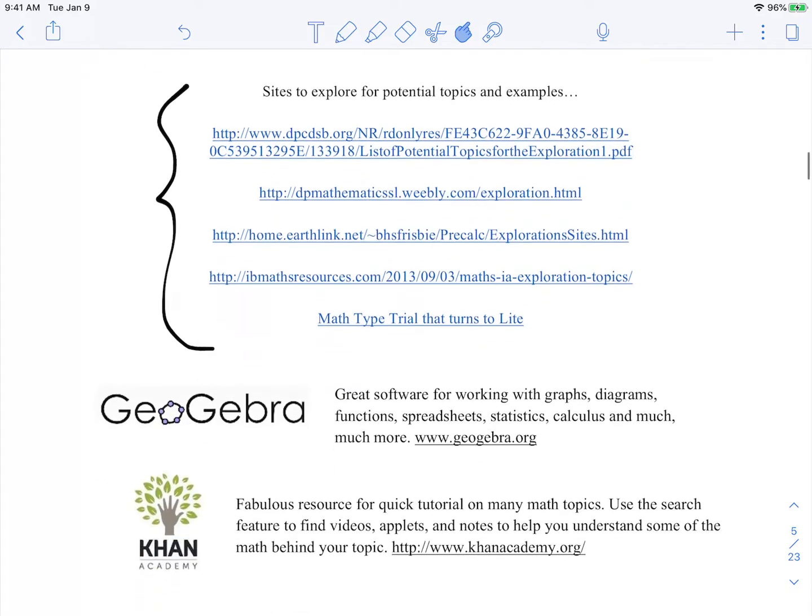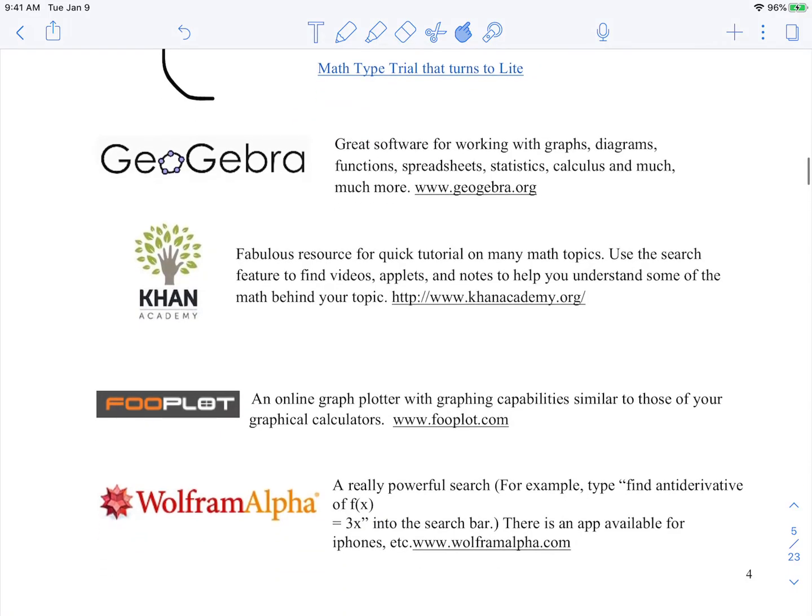All right, here are some helpful websites that might get you going in your paper. This is a software program to help you work with graphs or diagrams, functions, and spreadsheets. Khan Academy is a good resource if you're looking at getting some help in your math content.